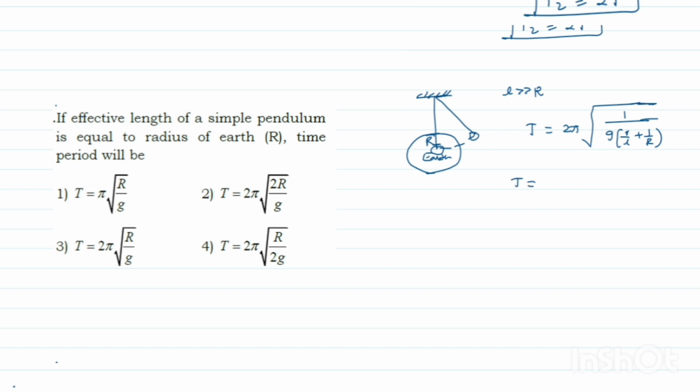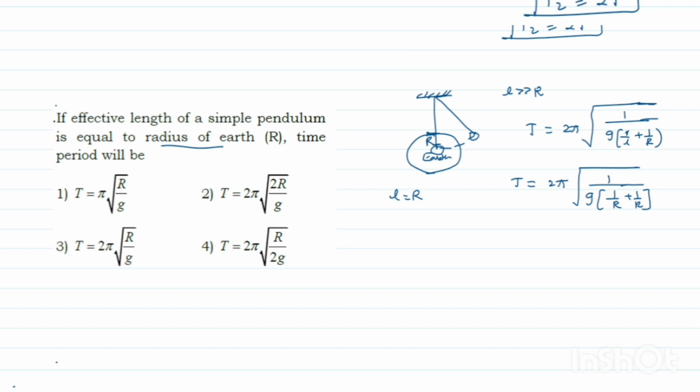So T equals 2π into, if the effective length of the pendulum is equal to the radius of the Earth, that means 1 by g into, instead of length you substitute the radius, and it is 1 by R plus 1 by R. In this case the length is equal to the radius of the Earth, so you take the simple pendulum on the surface of the Earth.